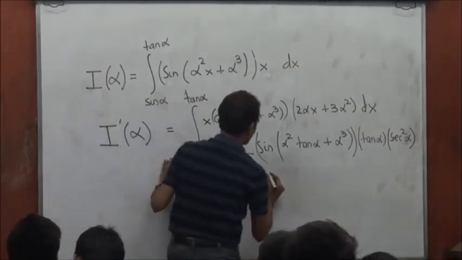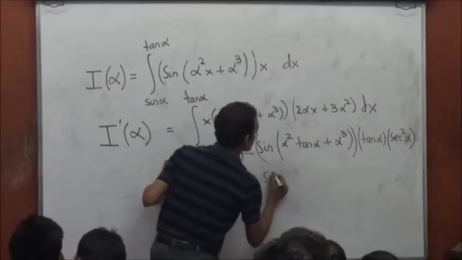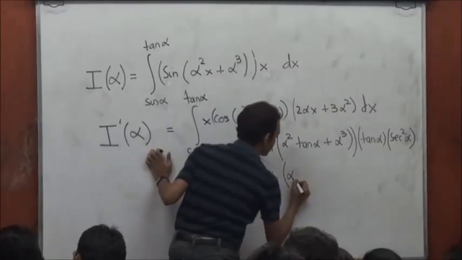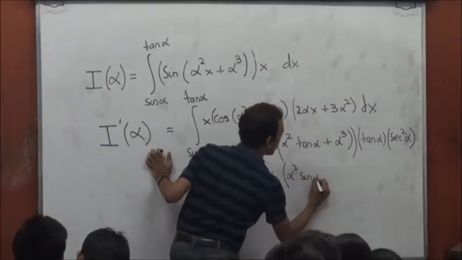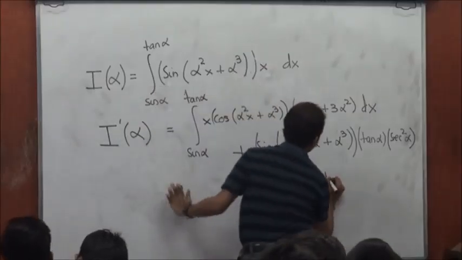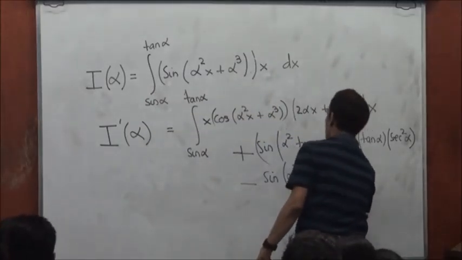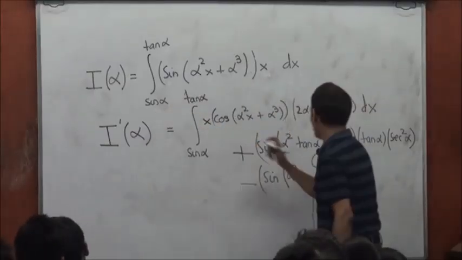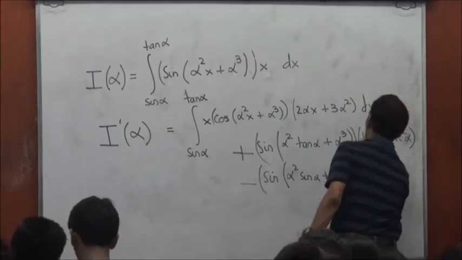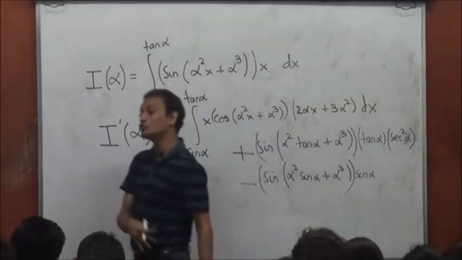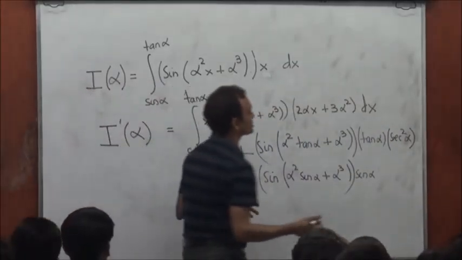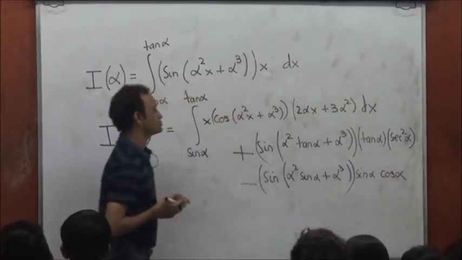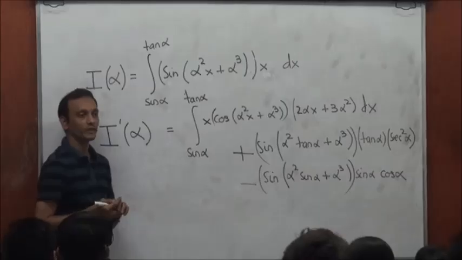So that means sin alpha squared sin alpha plus alpha cube x sin alpha, and then differentiate sin alpha with respect to alpha. That will give me cos alpha. Yes or no?